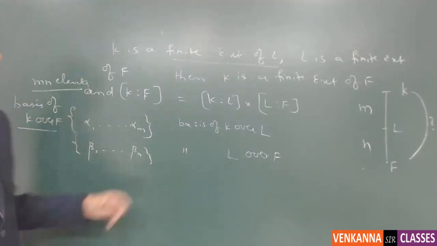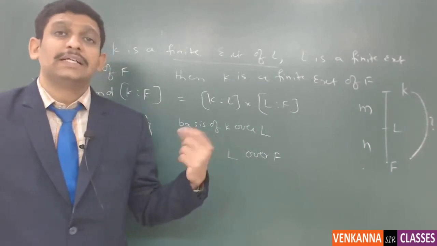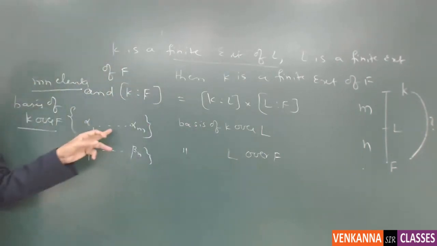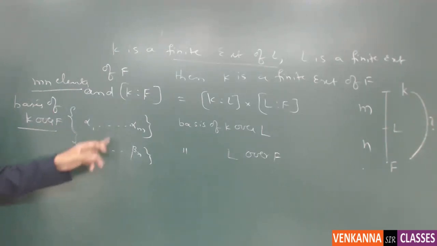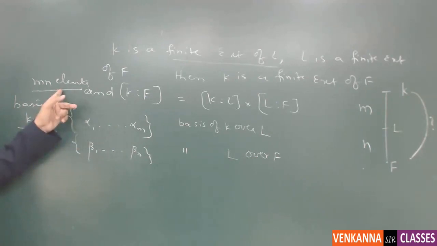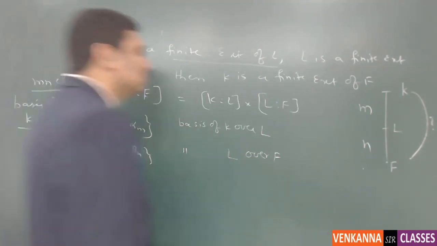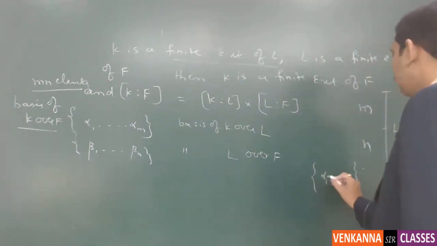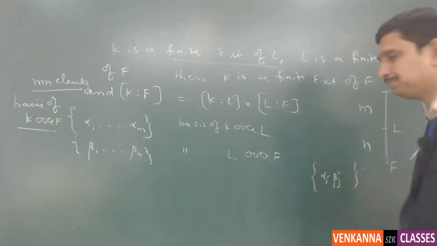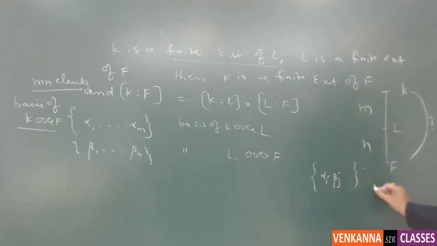It is very simple. Since we need to get mn values, here we have the set having m elements, here we have the set having n elements. If you consider the product, it has mn elements. So I take the set alpha_i beta_j, where 1 less than or equal to i less than or equal to m, 1 less than or equal to j less than or equal to n.